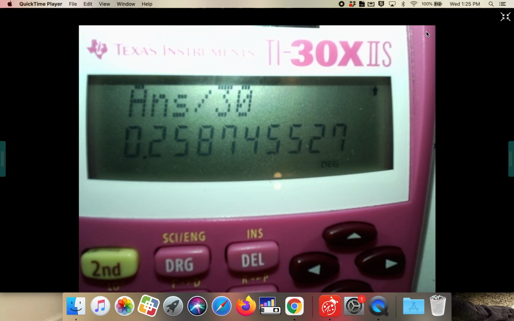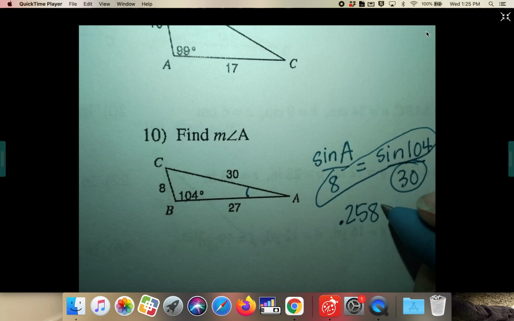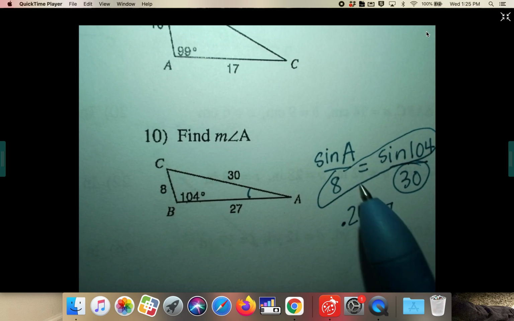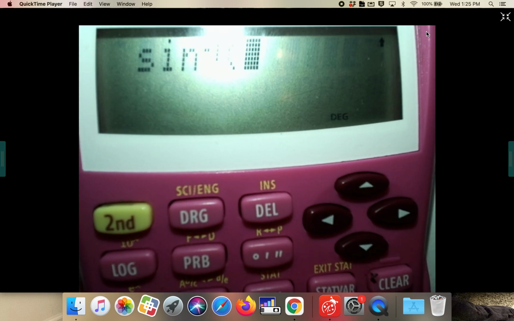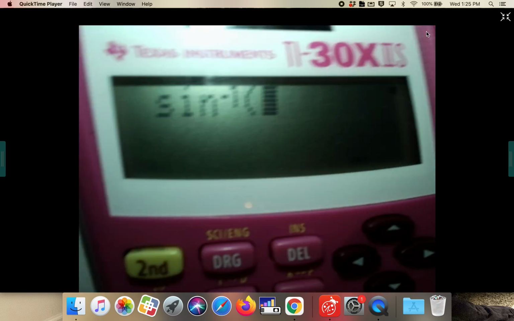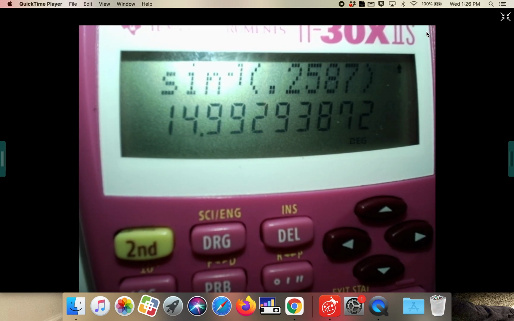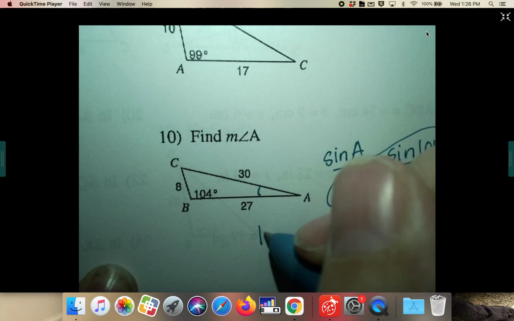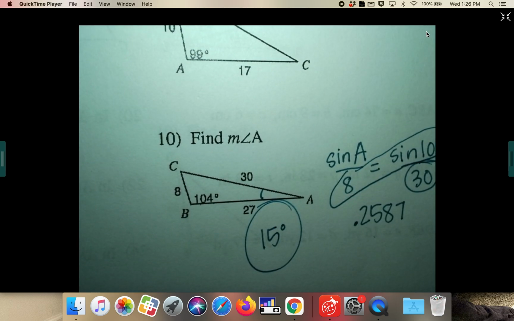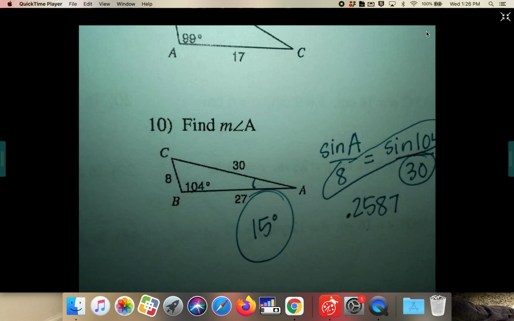All right, so 0.2587 are numbers that we need to remember, and we're going to use the inverse sine of that decimal. So inverse sine of 0.2587 is about a 15 degree angle. So 15 degrees. All right, so your practice is 11 through 24 on the next page.